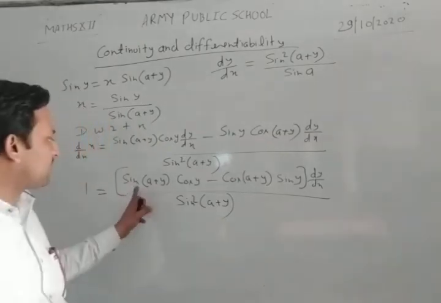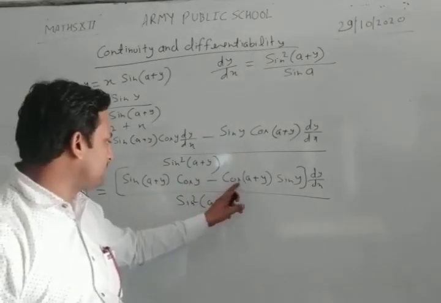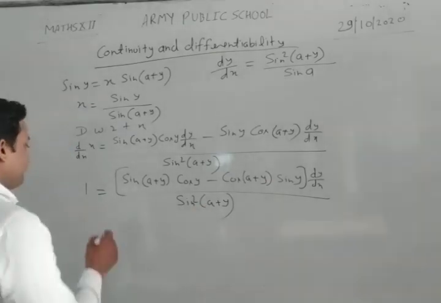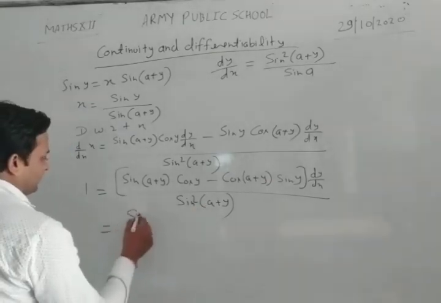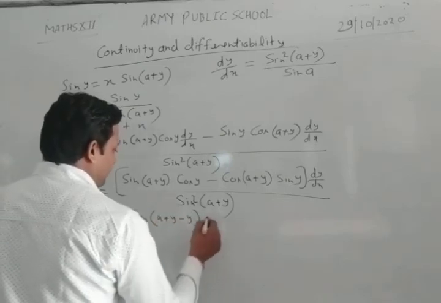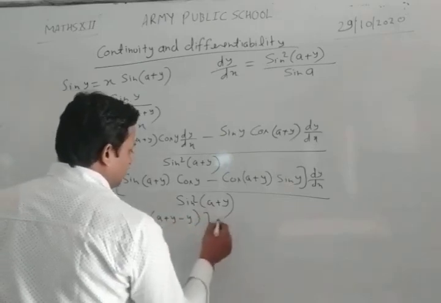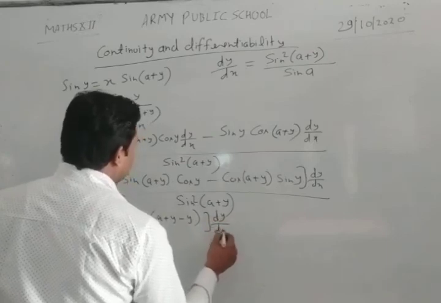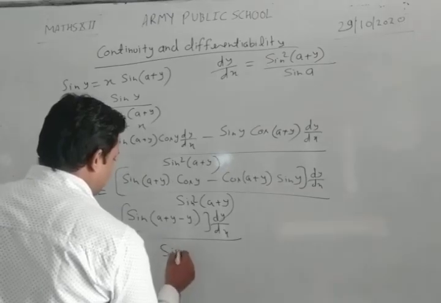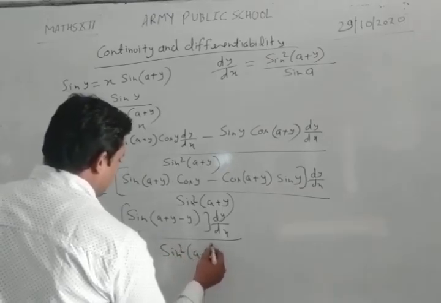Now this is sin a cos b minus cos a sin b. This is the formula of sin(a minus b). So we write sin(a minus b), and this is dy by dx, and this is sin square(a plus y).